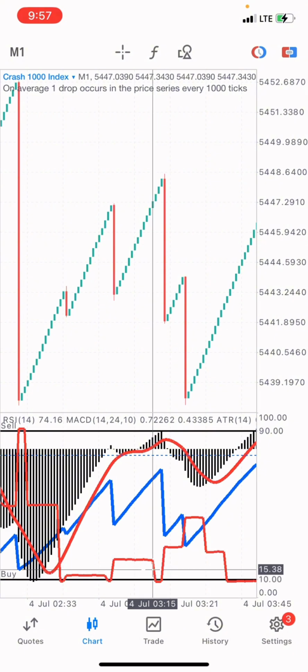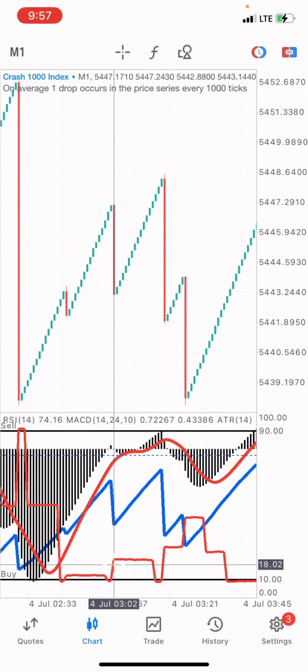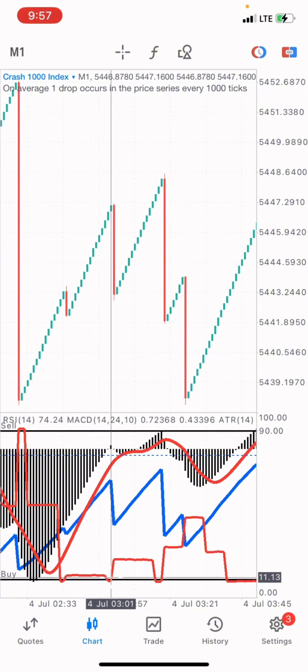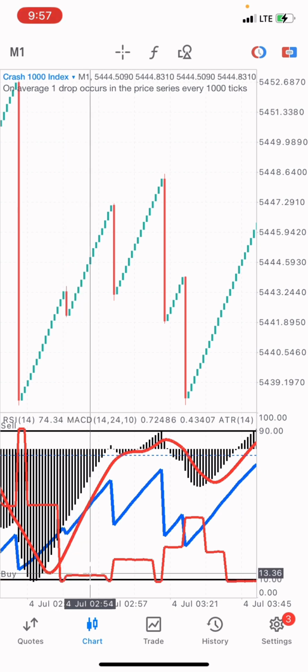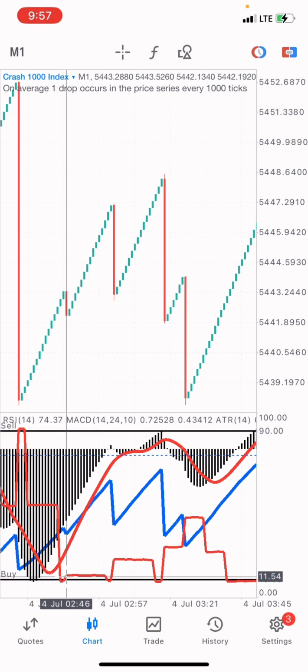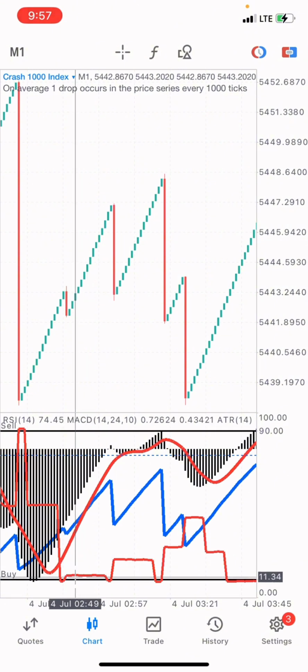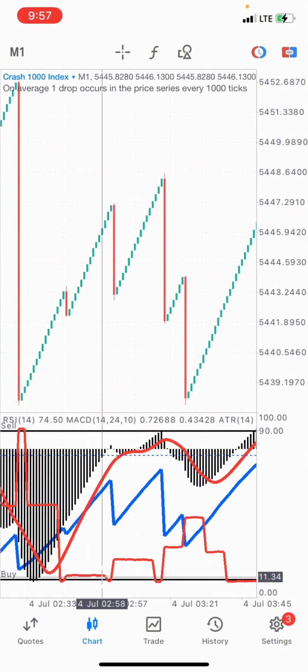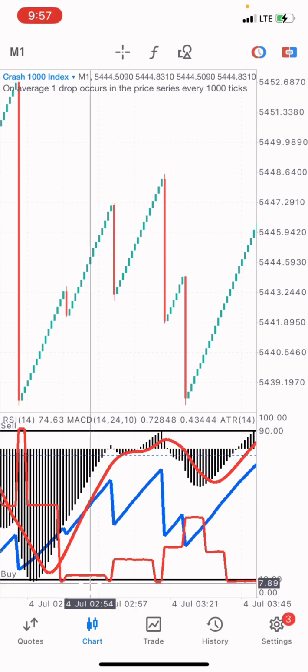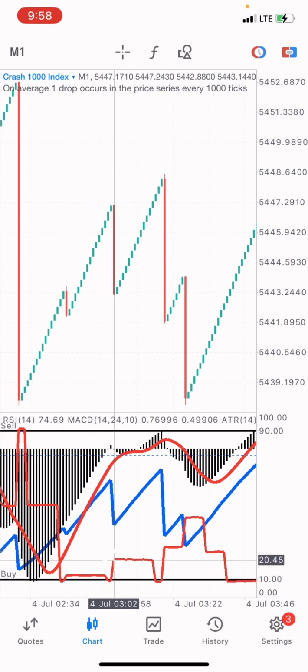And the reason I added the average true range is for you to know that when this line here is straightforward, there's a higher chance that the market would spike. If we go upward immediately, this is a spike, at the left here.